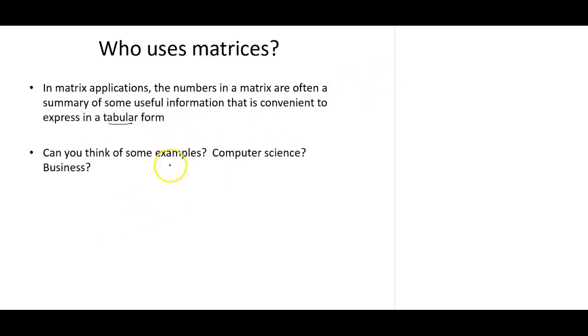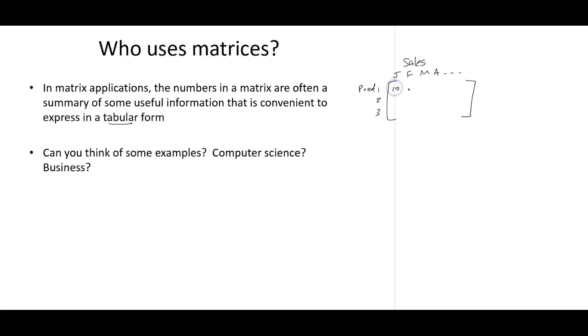Like if I'm thinking back to the business world, it wouldn't be unusual to have a matrix where, let's say, I want to have my sales for the year. Maybe in here I'd have January, February, March, April, etc., and maybe product 1, product 2, and product 3, and then I'd have numbers in here.